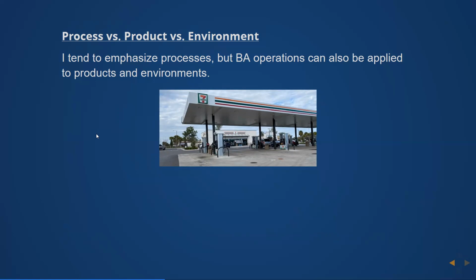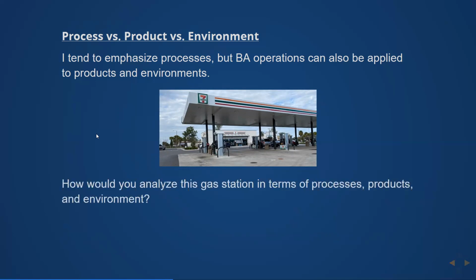So if we look at a gas station, how can we think of that as a process? For example, a car pulling up and refueling, maybe going in to buy stuff or ask questions or drop somebody off at work and then pulling out.